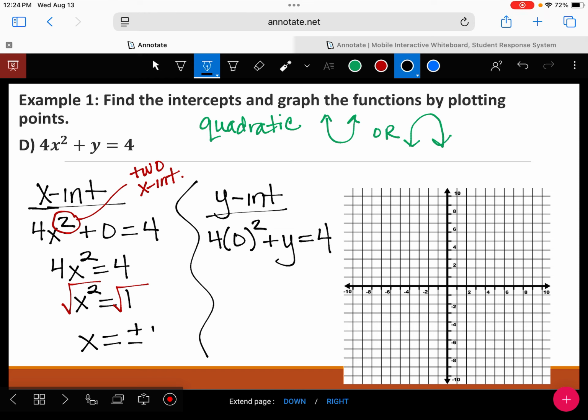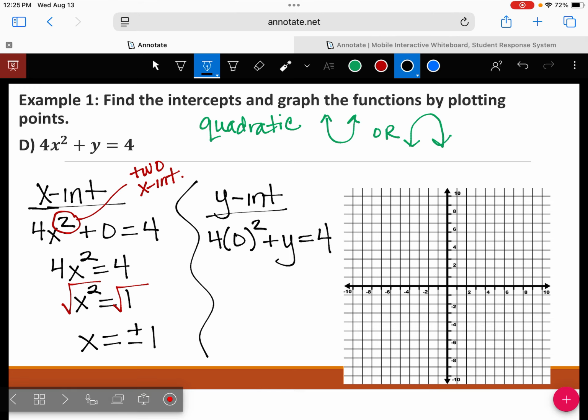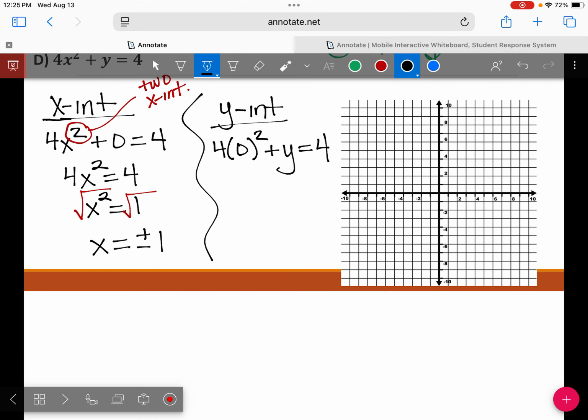Wait, what did you do with the 4? I divided it. Oh, okay. Yeah, sorry, I didn't write that. I divided both sides by 4, and then I have that. So now let's write our x-intercepts. I have one at positive 1, 0. I have another one at negative 1, 0. So I'm going to go ahead and put that down.